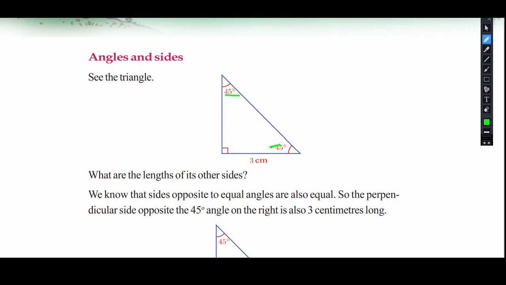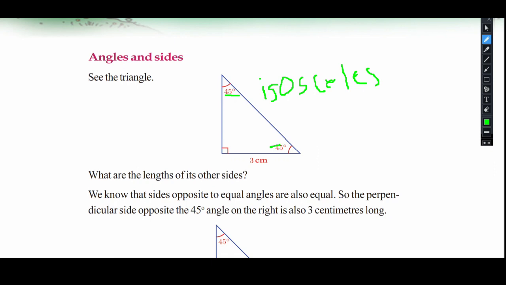Therefore we can say this triangle, an isosceles triangle with one angle 90 degrees, is called an isosceles right triangle. That is our name.